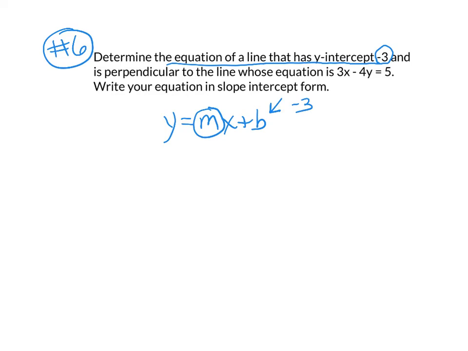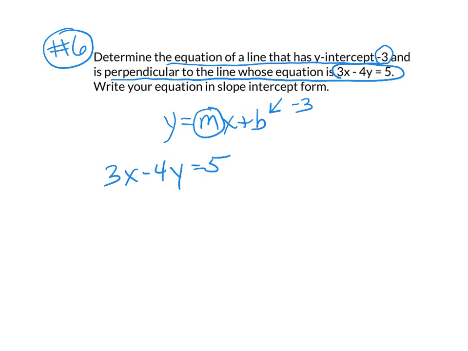Well, my line needs to be perpendicular to the line whose equation is this. And right now, that equation, 3x minus 4y, is written in standard form. So I'm going to rewrite that 3x minus 4y is equal to 5, and then I'm going to go through some algebra to change that from standard form into slope-intercept form.